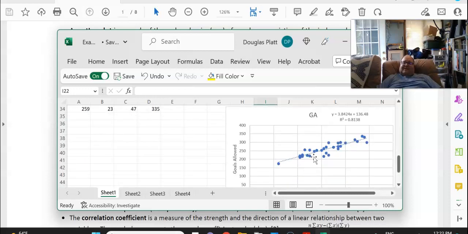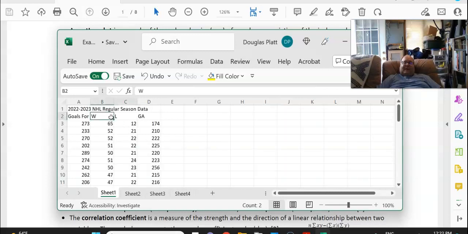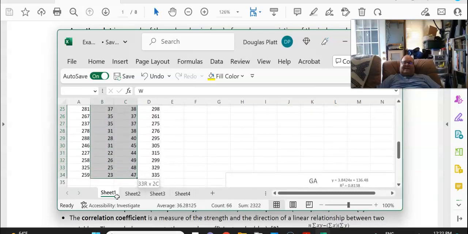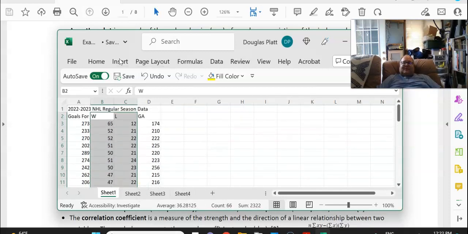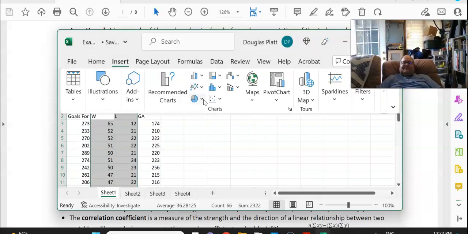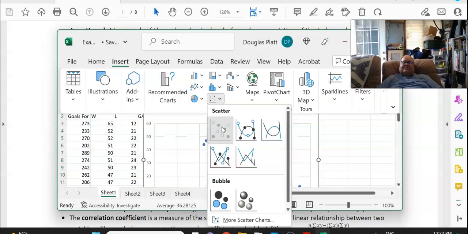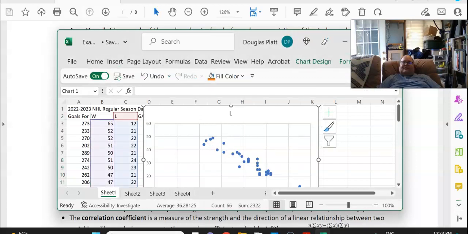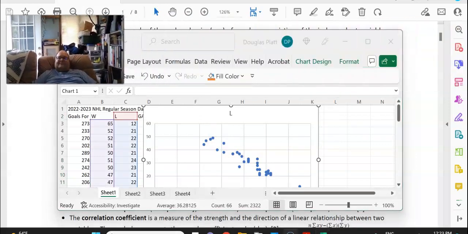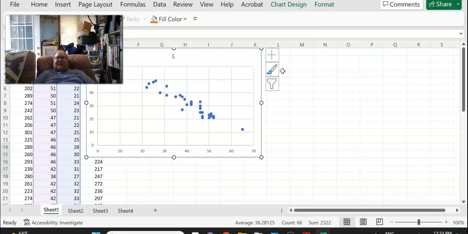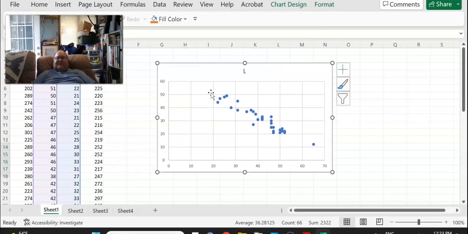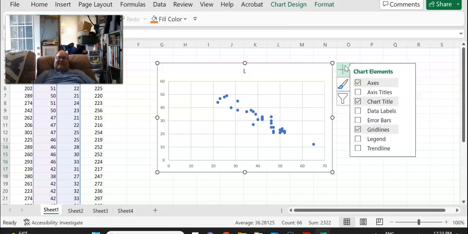Here we have a positive correlation, and if we plot our wins against our losses by highlighting those two columns, insert, chart, scatter plot, we see that we have our series of dots, and we can add a few elements to our graph.